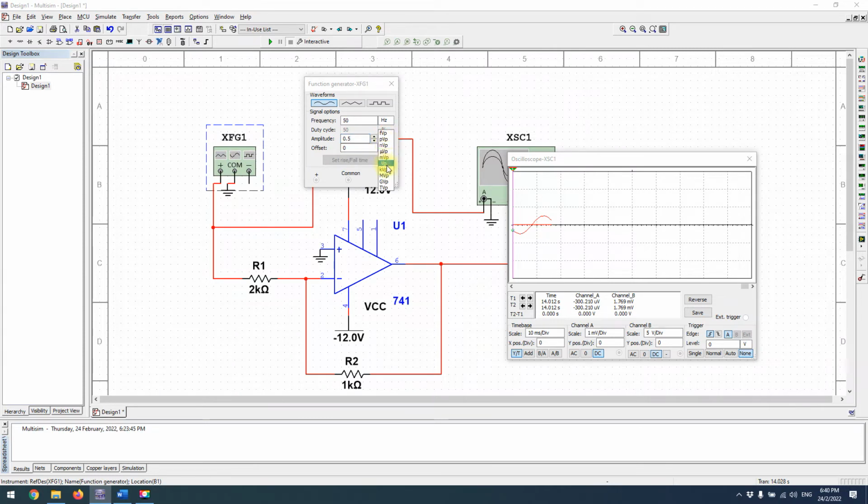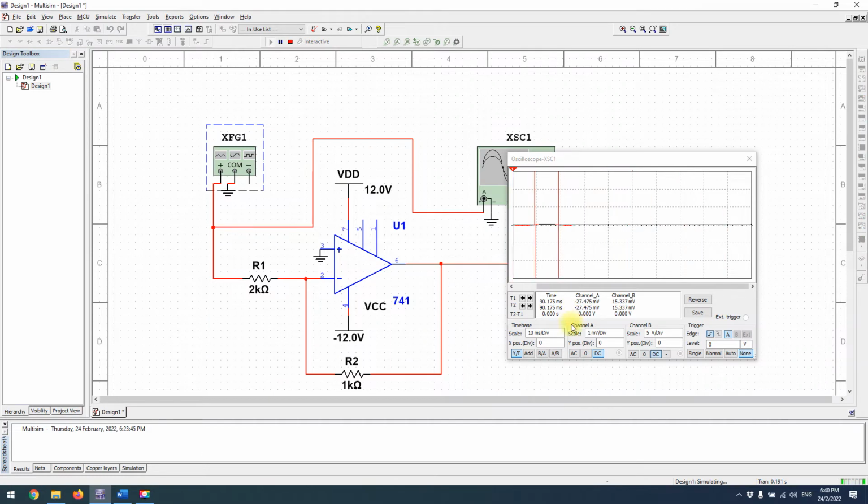This is supposed to be V peak. 0.5 and then peak. Sorry about the mistake. Now we got everything.